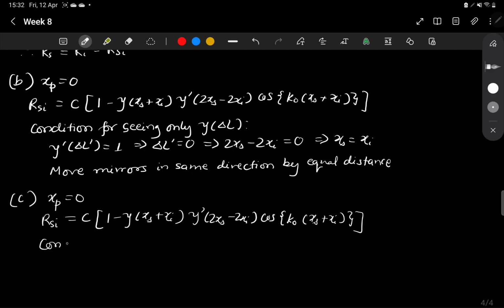This time we want the condition for seeing only gamma prime delta L prime.